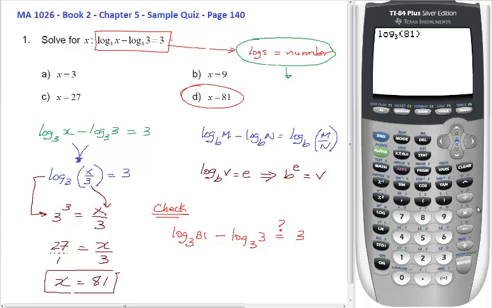Arrow over, subtract, hit your math button again, go down to log base, and then it's base 3, and put 3 in there. Now what should we get when we hit enter? That's the left hand side. We should get 3 to match the right hand side. And look what we get. So we know our answer is correct.